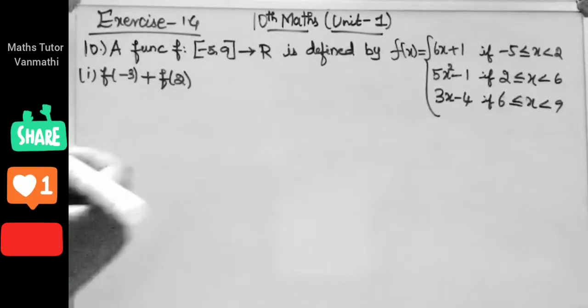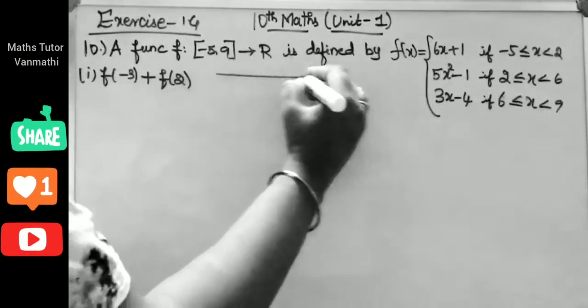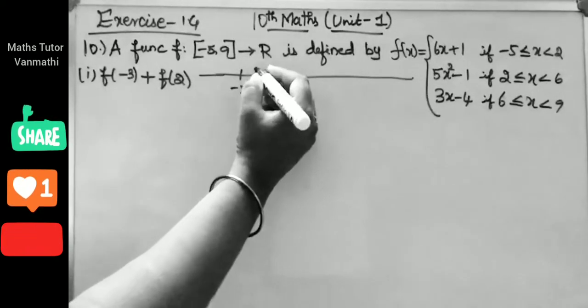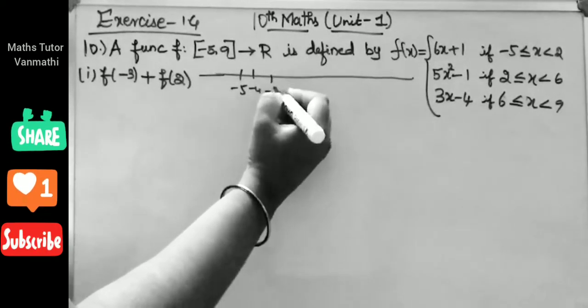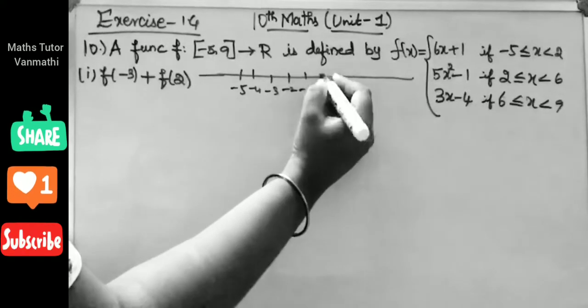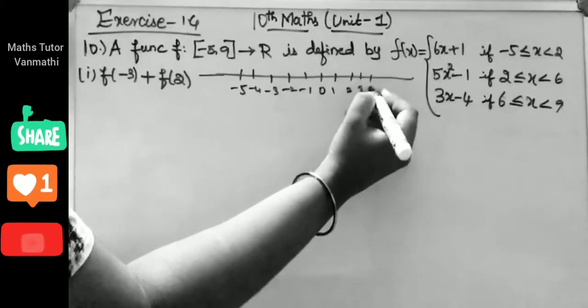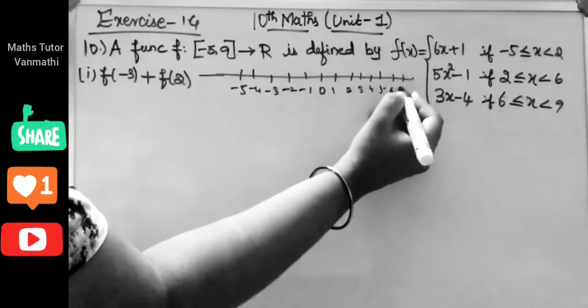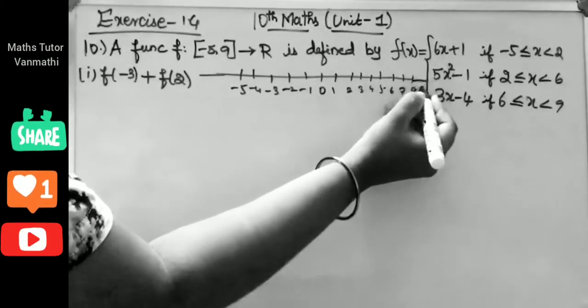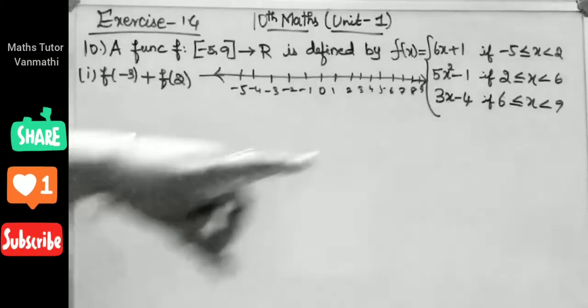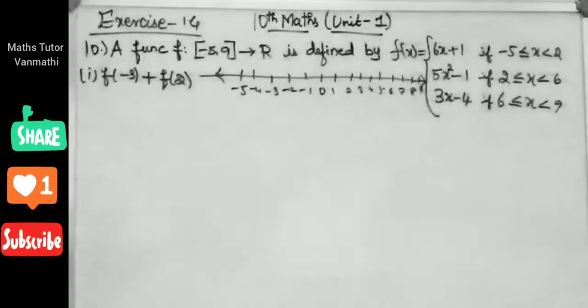For f of minus 3, first we can see the limit. It starts from minus 5, then minus 4, minus 3, minus 2, minus 1, 0, 1, 2, 3, 4, 5, 6, 7, 8 and 9. Up to 9 it goes. See first one, minus 5 to 2.